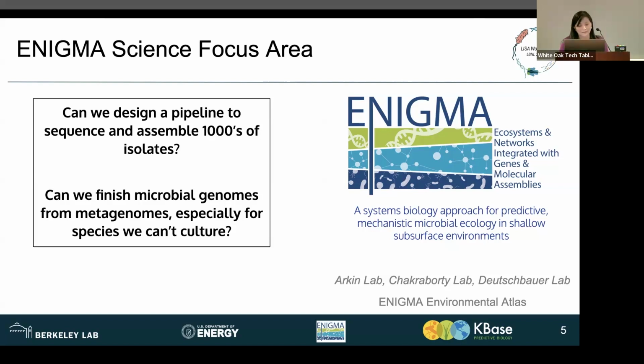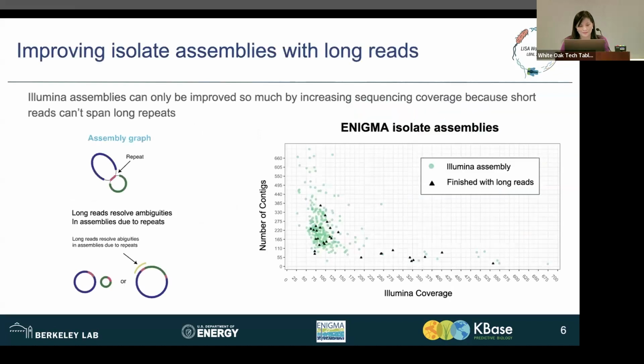And so we developed a pipeline. The goal is to sequence thousands of isolates, right? So if we can, then we can bring them into the lab, but then we still need to understand what their genomes are. We can track them through metagenomes. We can make mutant libraries out of them, but the genome is important.